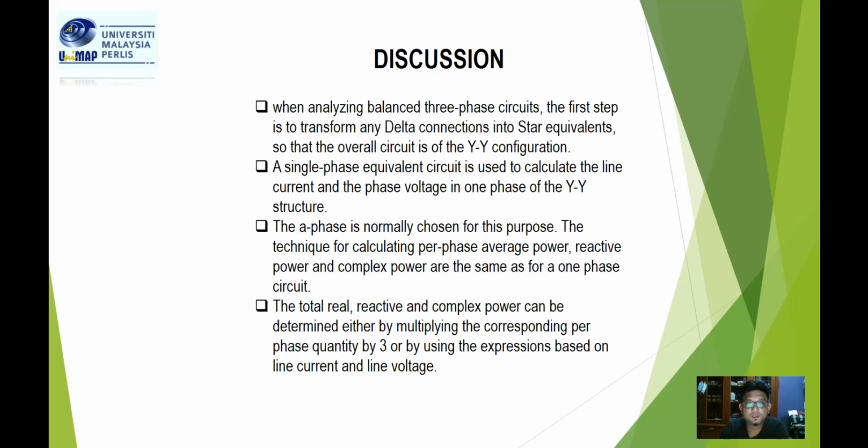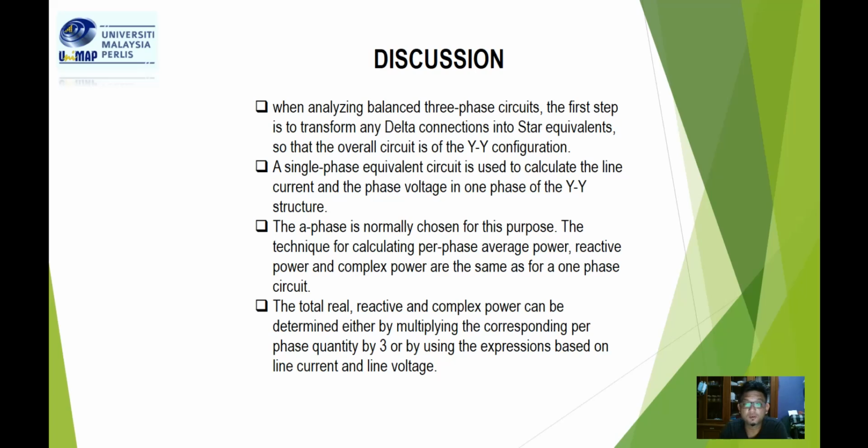Okay, next for discussion. When analyzing a balanced three-phase circuit, the first step is to transform any delta connection into the star equivalent, so that the overall circuit is of the Y-to-Y configuration. A single-phase equivalent circuit is used to calculate the line current and the phase voltage in one phase of the Y-to-Y structure. A phase is normally chosen for this purpose.